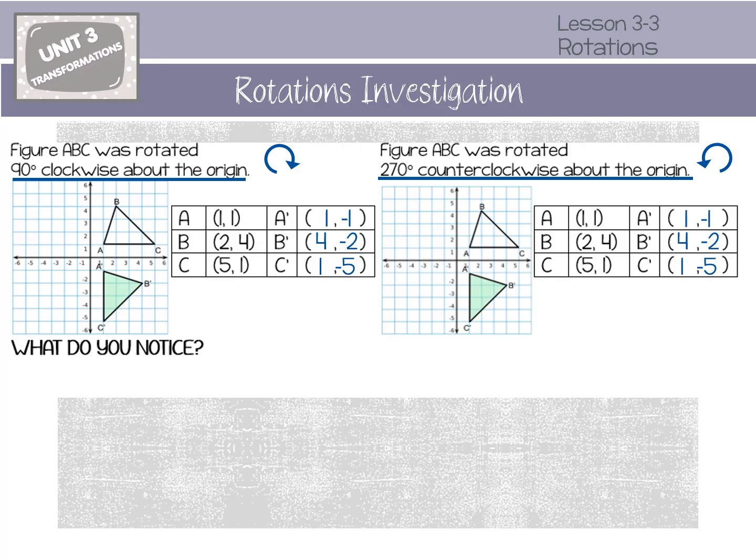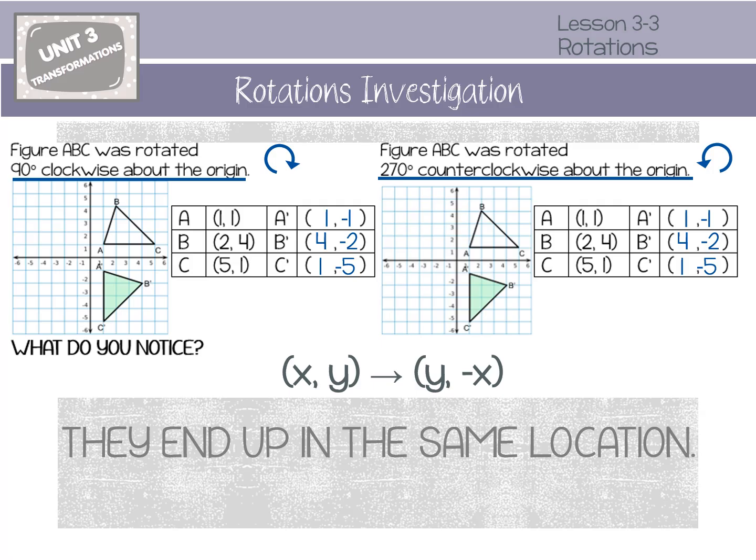And it ends up in the same locations. So either 90 degrees clockwise or 270 degrees counterclockwise takes any point (x, y) and changes it to (y, negative x), or the opposite of x. It's not always going to be a negative number.